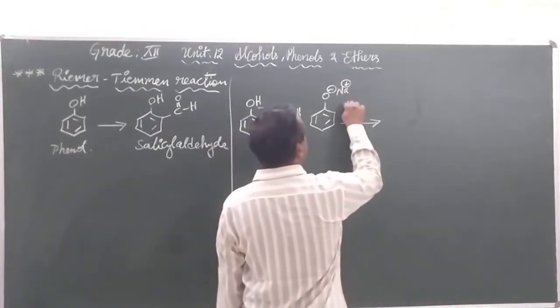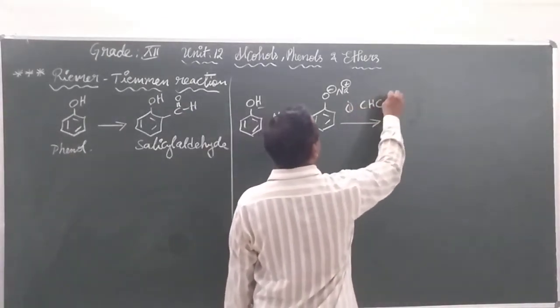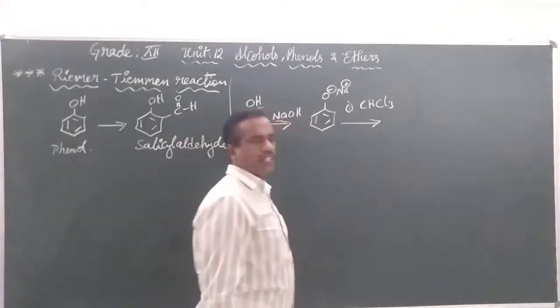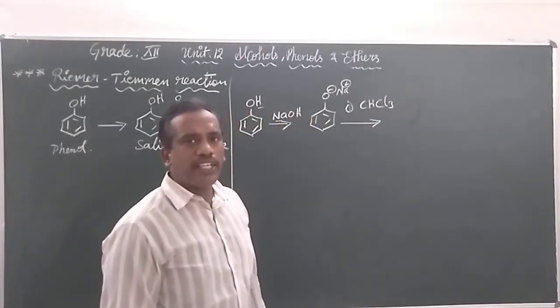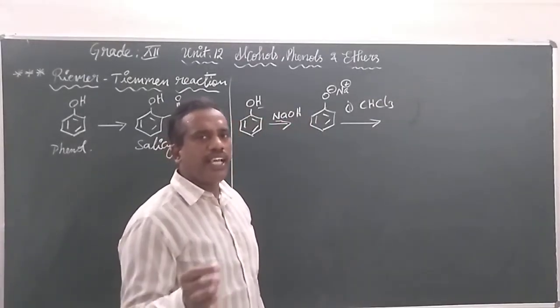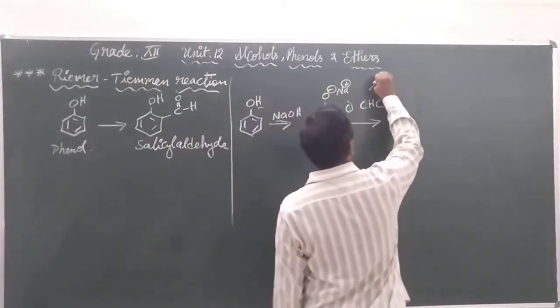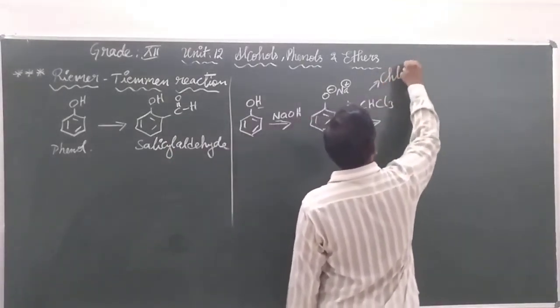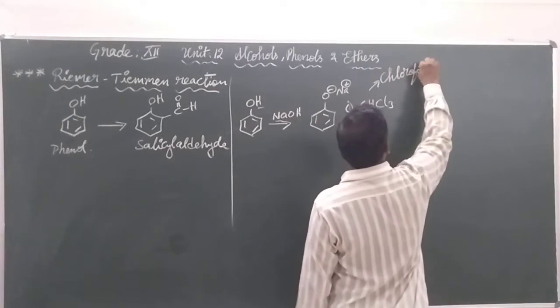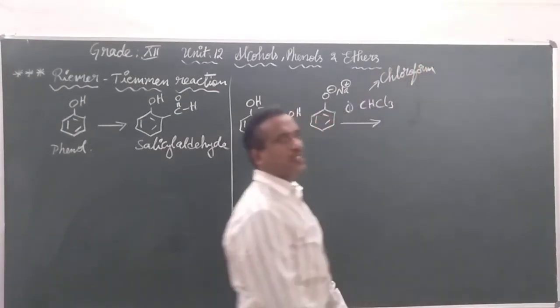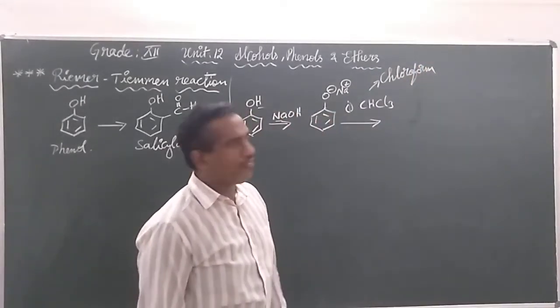One of the reagents is CHCl3. What is the name of the reagent, children? CHCl3 is called chloroform.